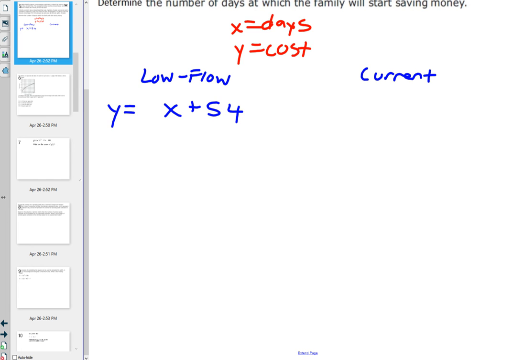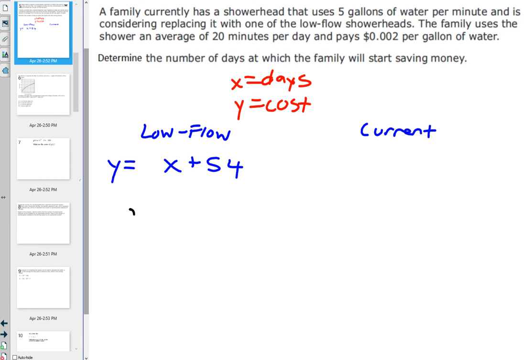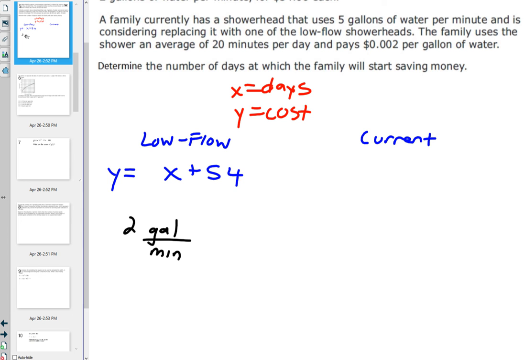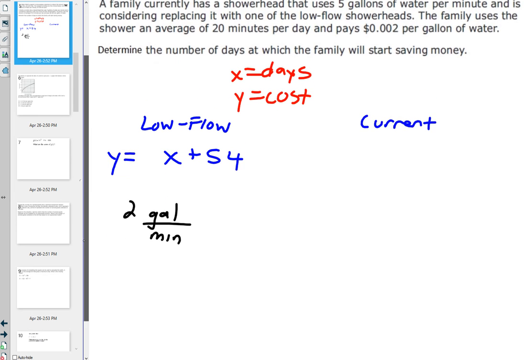Watch this. Let's do a dimensional analysis. Let's do 2 gallons per minute, and I want to turn that into cost per day. So let's first change the minutes into days.